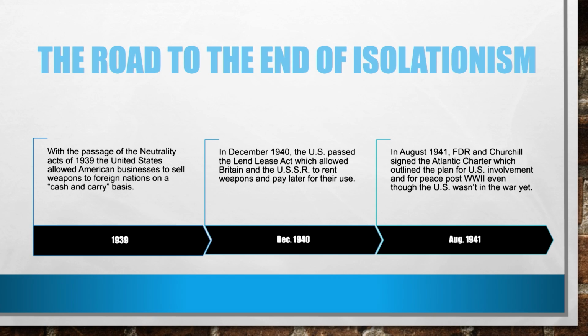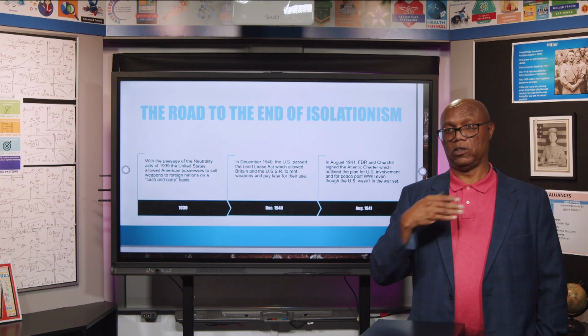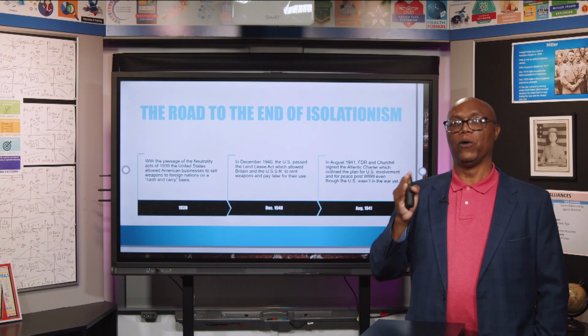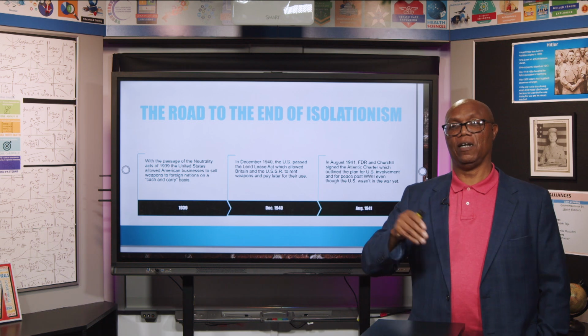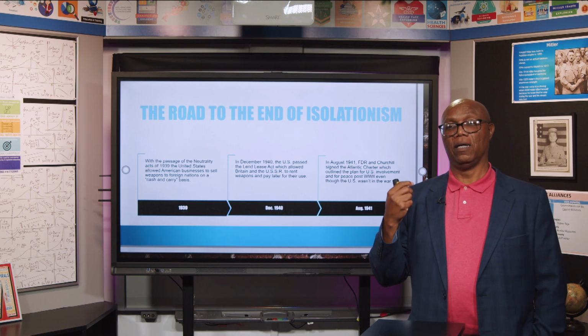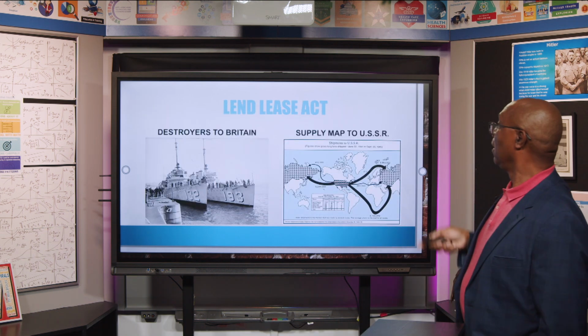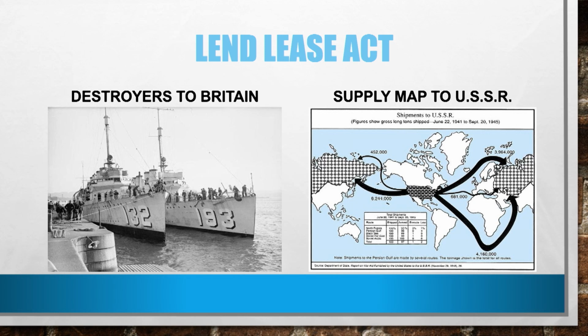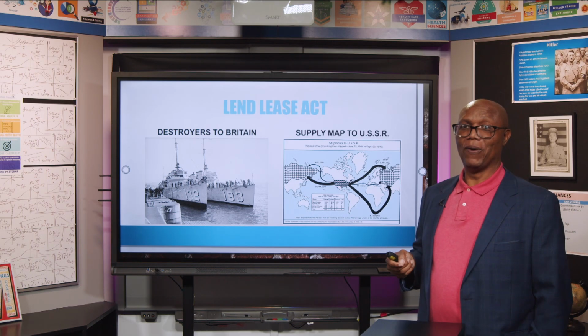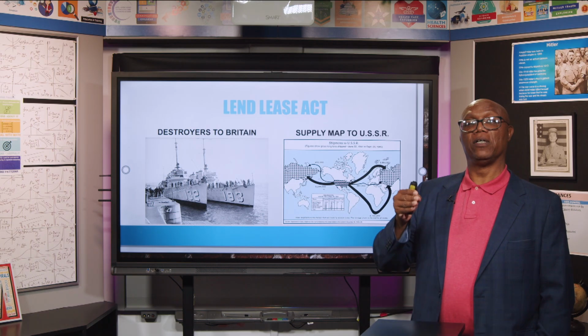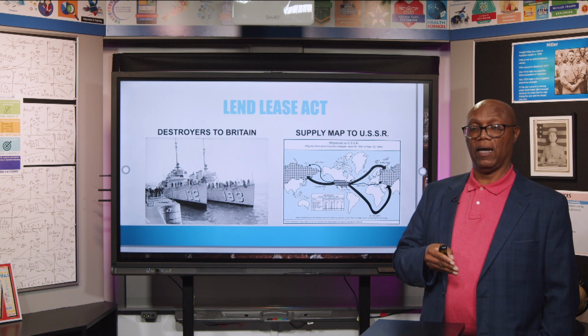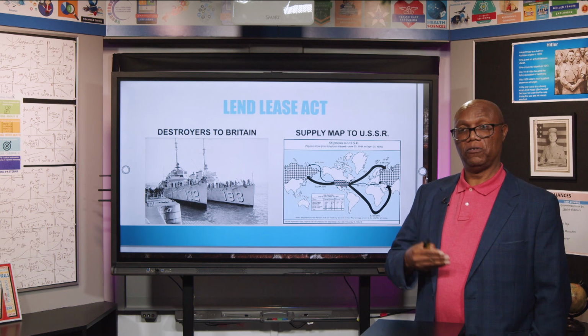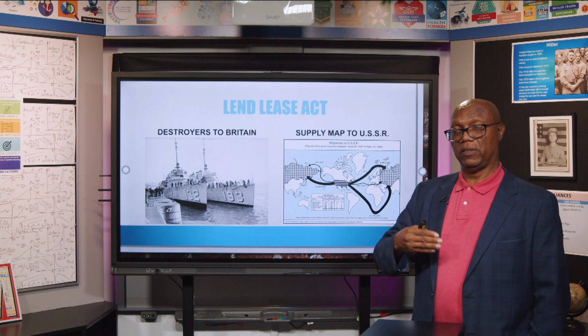So now we see that the United States of America is changing its policy, but we also see who the United States prefers to support in this particular conflict. The Lend-Lease Act. Now, keep in mind when the Lend-Lease Act was passed in 1941, I believe, we are not in the war, but what we are doing is giving supplies or renting supplies to the countries who represent our interests.